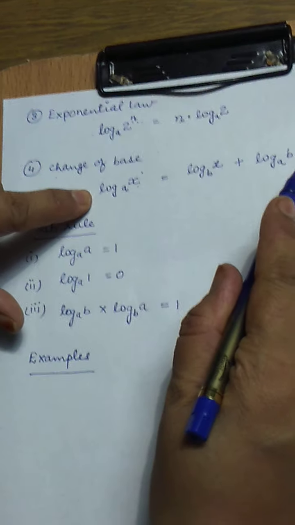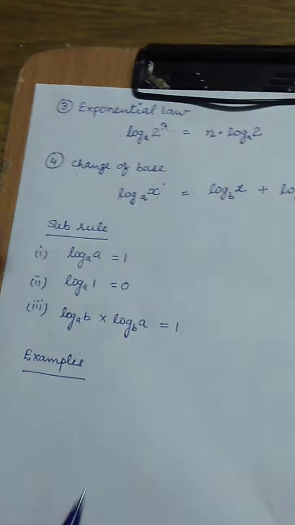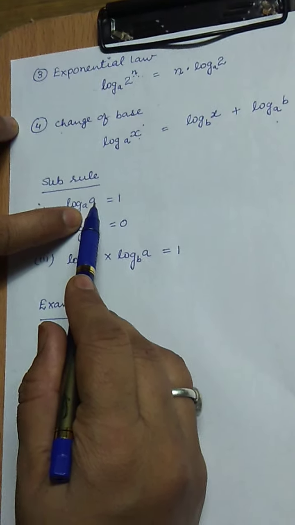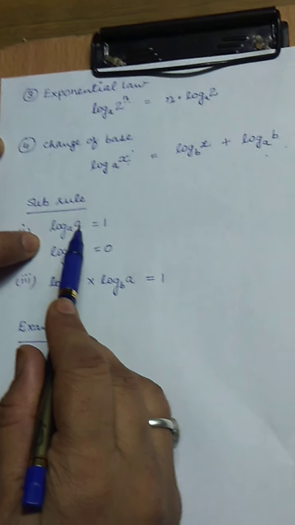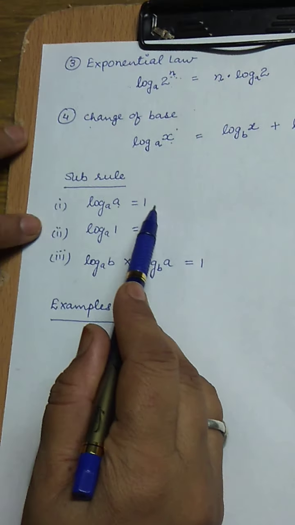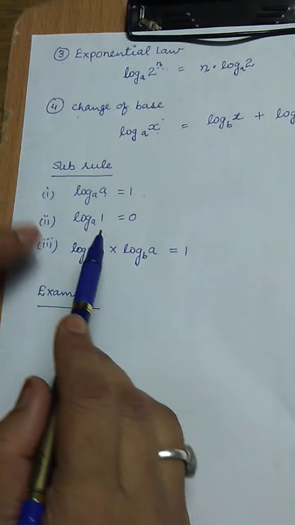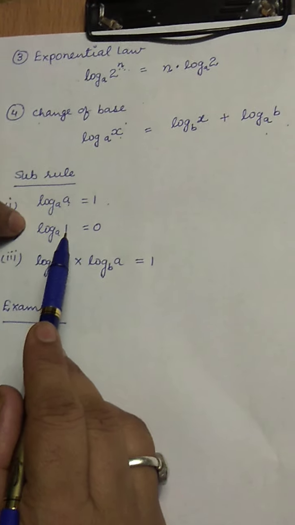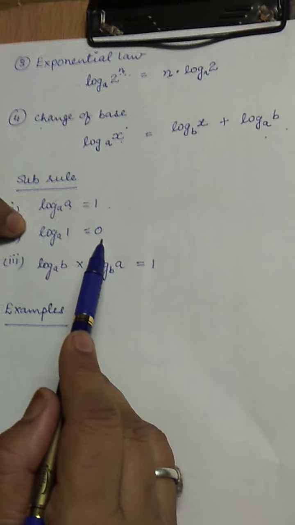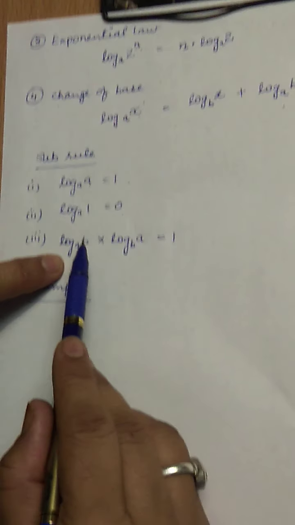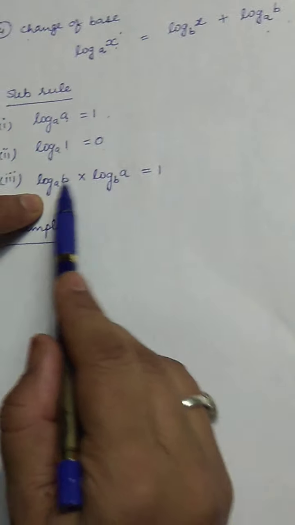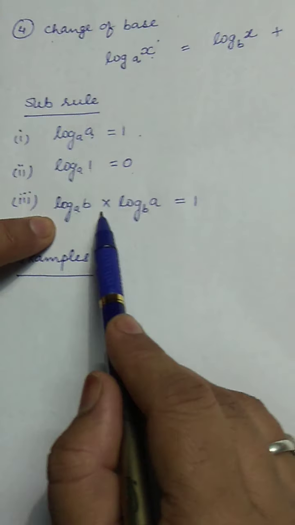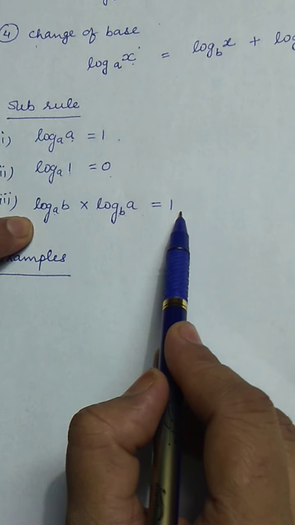This is its solution. Now there are sub rules. If the base and the quantity whose log we are taking are the same, then their log is 1. Log of the number 1 is always 0. If bases are exchanged, then their multiplication result will be equal to 1.